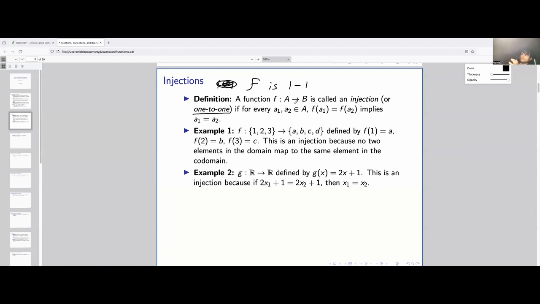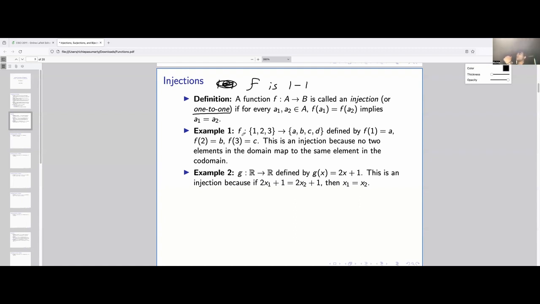A function from a set A to set B is called an injection if for any two values a1, a2 in A, if f of a1 is equal to f of a2, then I know for certain that a1 is equal to a2.